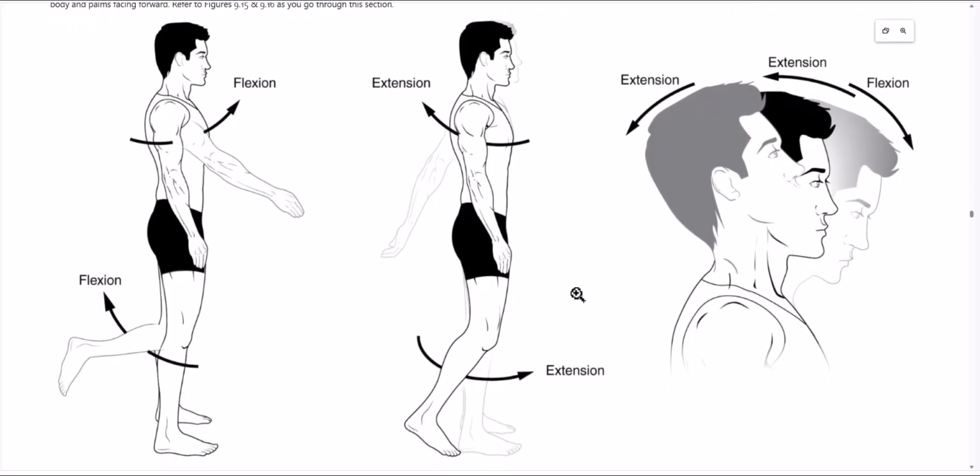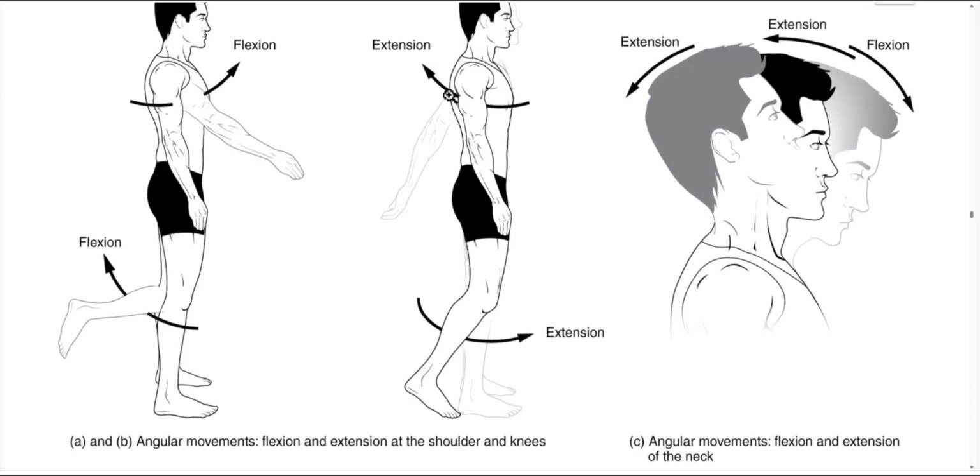And we'll start off with flexion and extension. Remember, we always are thinking about the body starting in anatomic position before we start thinking about the movement from anatomic position. So this dude is in anatomic position at the beginning, and he is going to be moving his arms, flexing the knee.